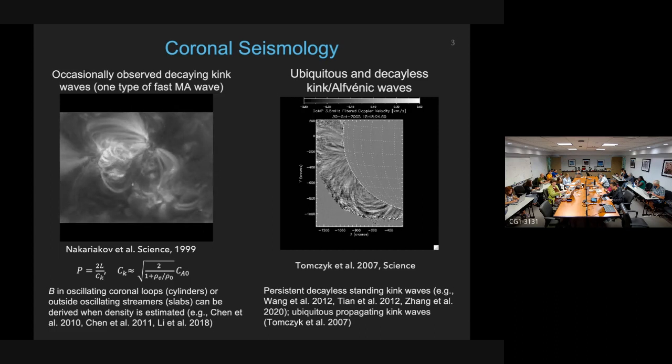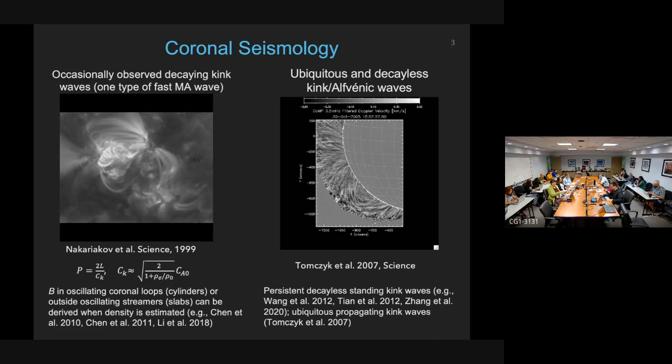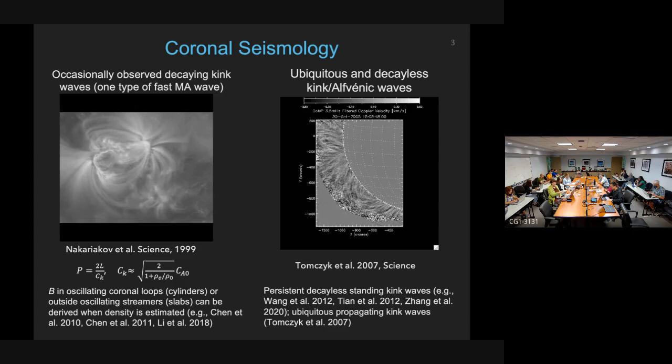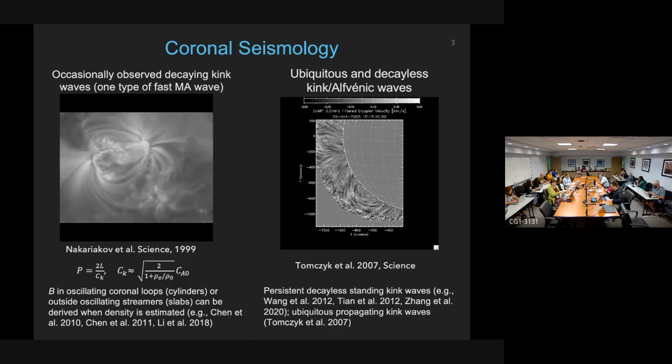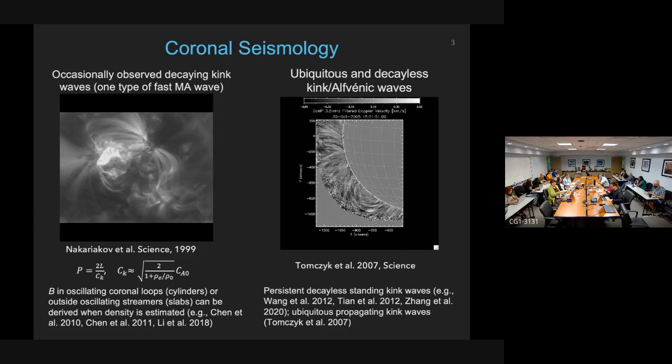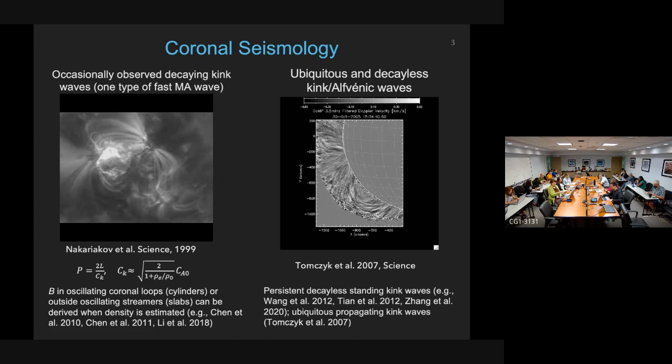Luckily, from CoMP or UCoMP, we can see this kind of propagating waves, and they are almost everywhere in the open corona. If we apply the coronal seismology method to these waves, we should be able to retrieve the 2D distribution of the coronal magnetic field. So this method is called 2D coronal seismology.